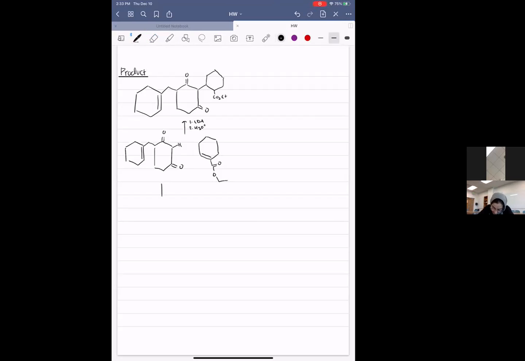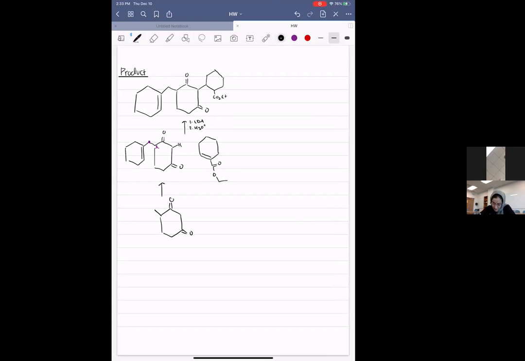So again, I notice I'm adding something to this alpha position right over here next to the carbonyl, but I also have an extra carbon before I add this cycle right over here. So whenever I'm redrawing my structure, I want to leave that extra carbon in there because I know whenever I do add on my Gilman, I do want that extra carbon there.